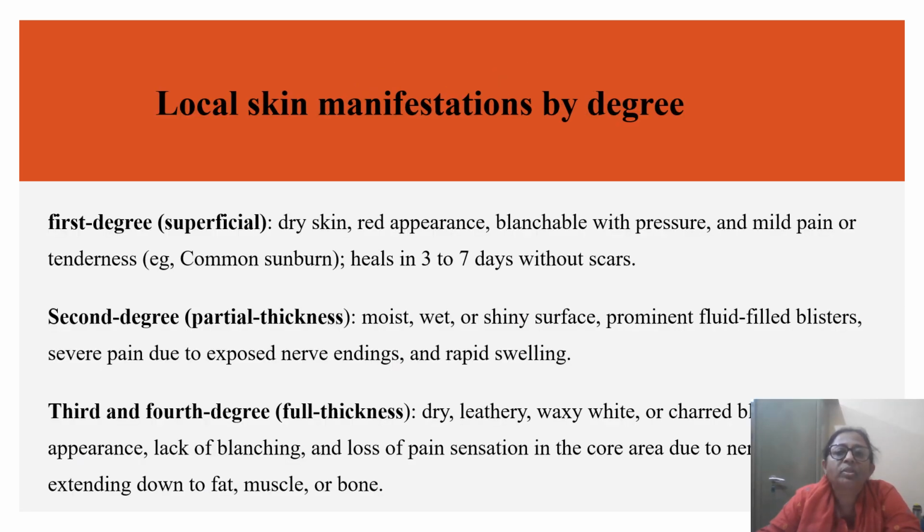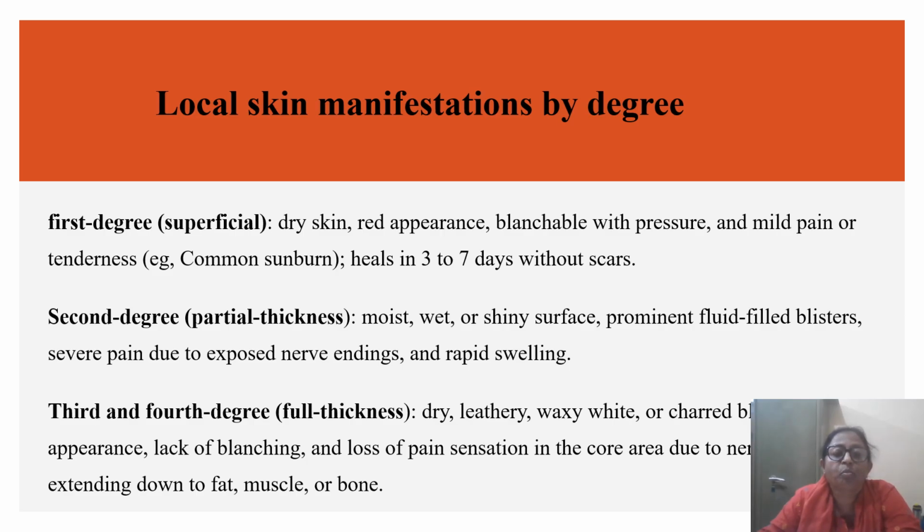Local skin manifestations by degree of burn. First degree burn: dry skin, red appearance, blanchable with pressure, mild pain or tenderness. That's common sunburn. It heals in 3 to 7 days without scars. Second degree is partial thickness burns: moist, wet or shiny surface, prominent fluid-filled blisters.